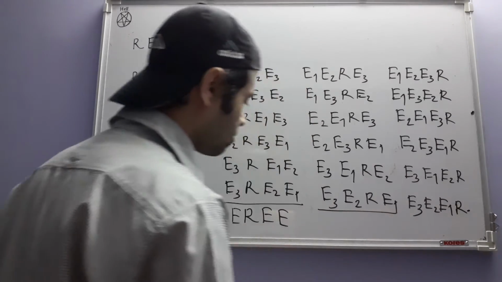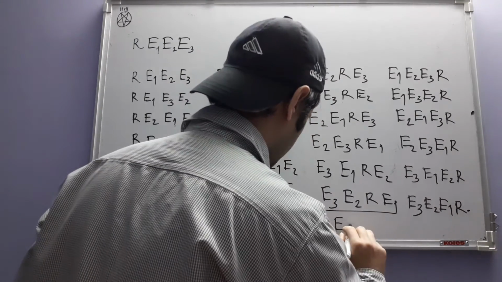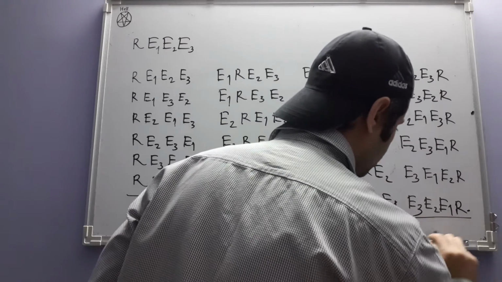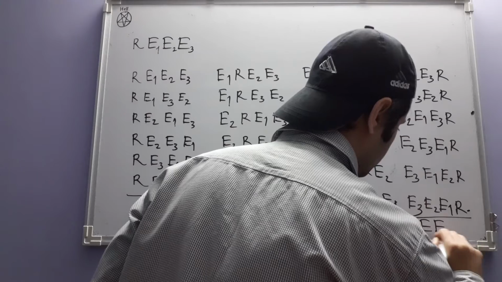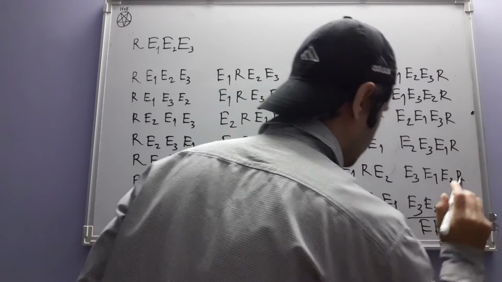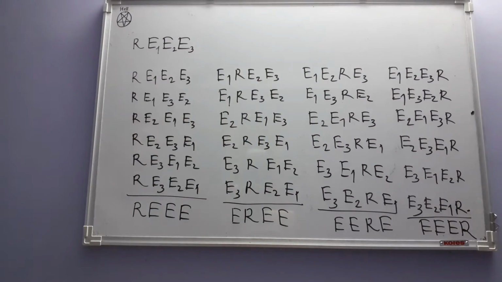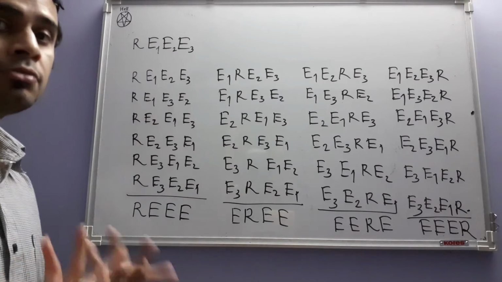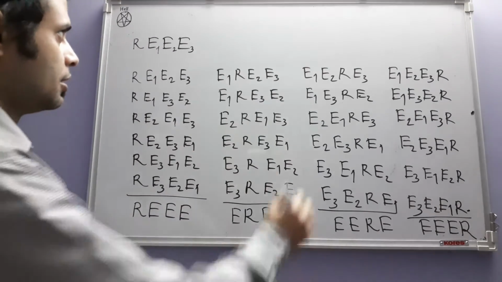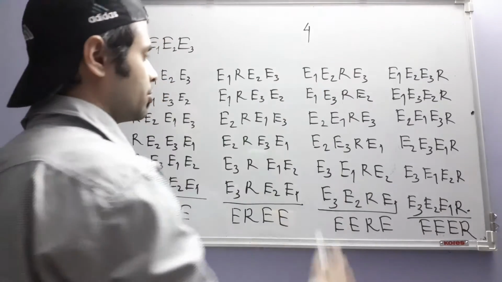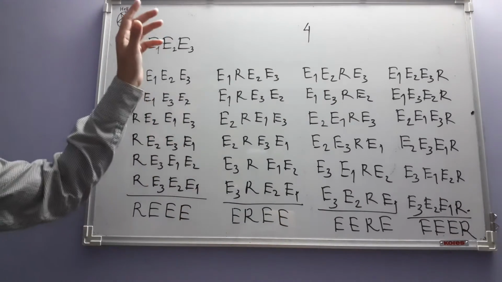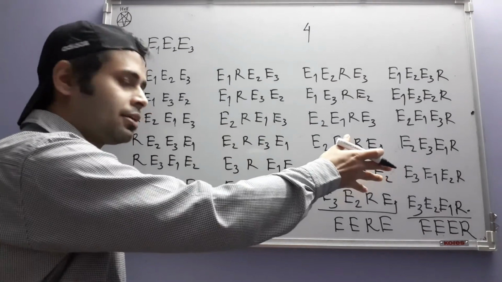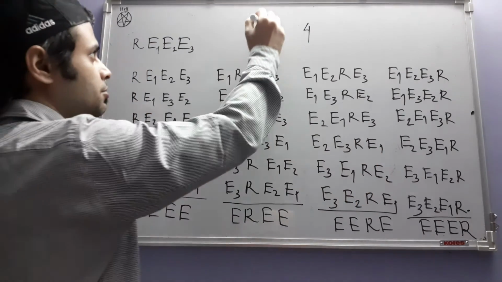The third column gives me EERE, and the fourth column gives me EEER. So in this case, the actual number of permutations is only 4. Okay, the actual number is 4. But the number that we usually get is 24.